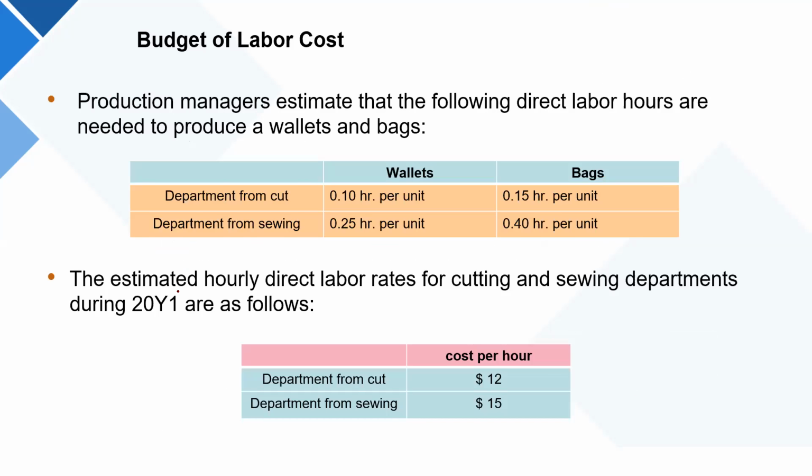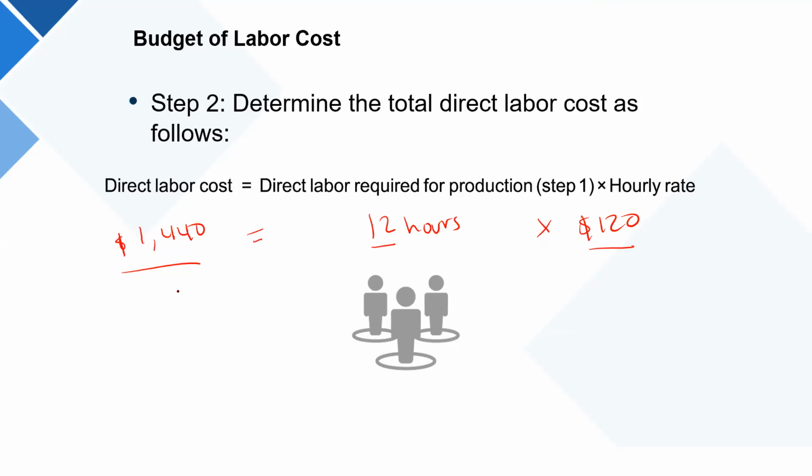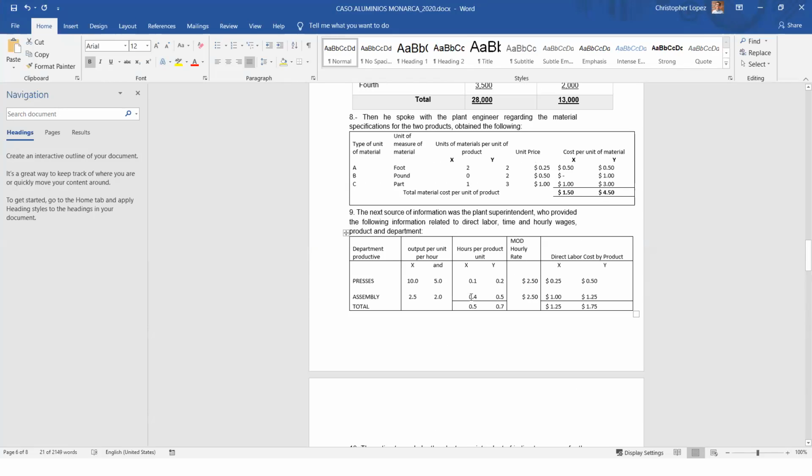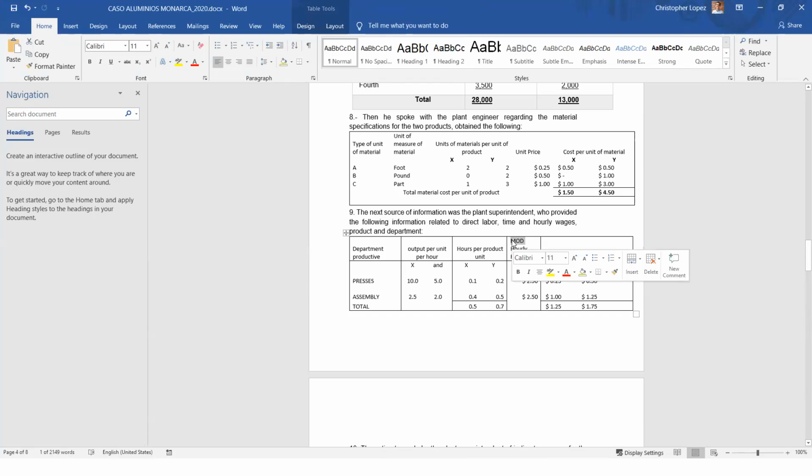I have a quick question. Within the information that we have, the hours are in the 9th paragraph, but there is a thing called MOD hourly rate. And what is that? I don't know what that is. Here? Yeah, the MOD hourly rate. Erase that.